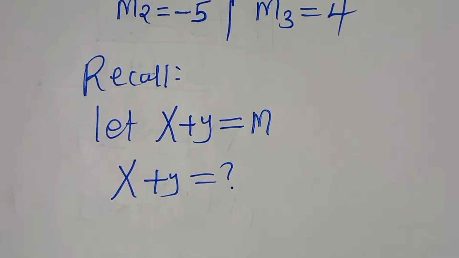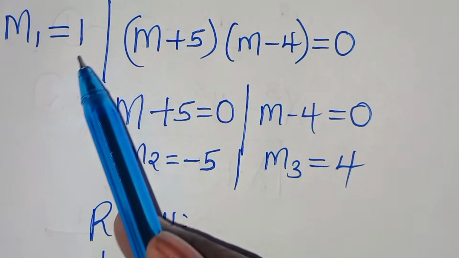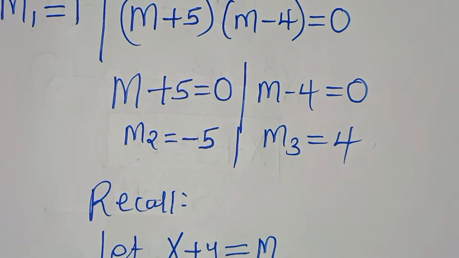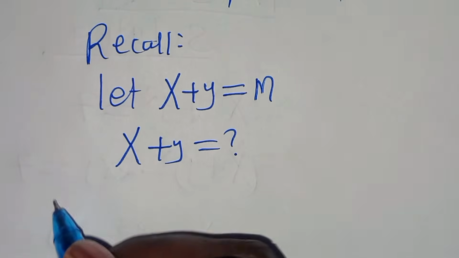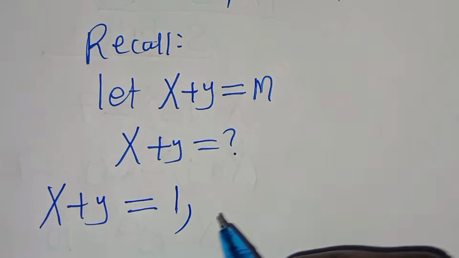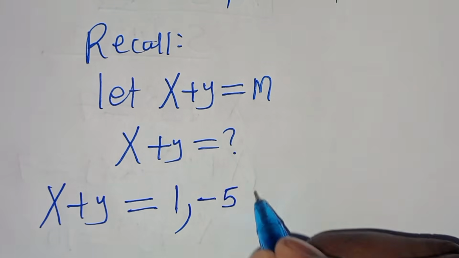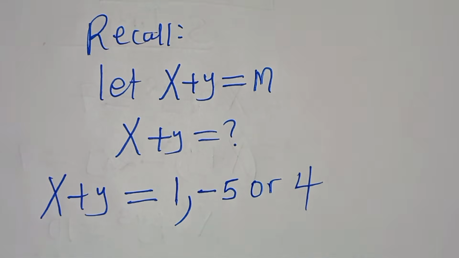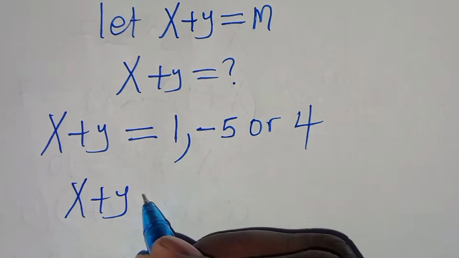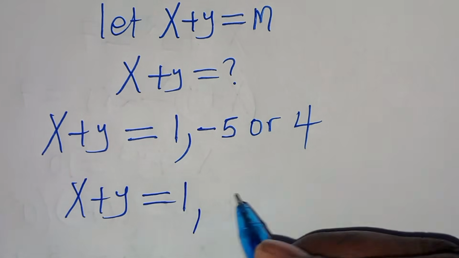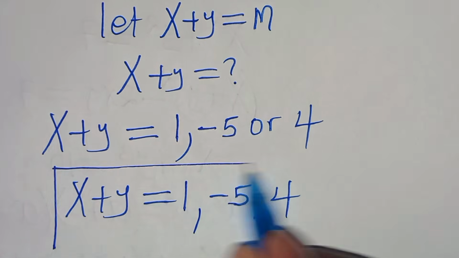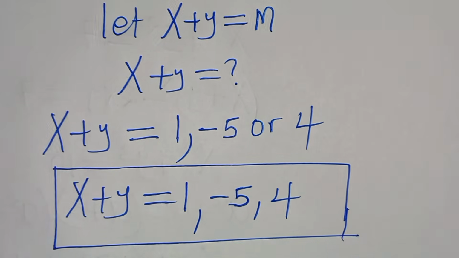And since we have values of m, we have m1 as 1, m2 as minus 5, m3 as 4. This concludes that x plus y is equal to 1, minus 5, or 4. So we have 3 solutions for x plus y. X plus y is either 1, either minus 5, or 4. And this is the solution to this algebra problem.